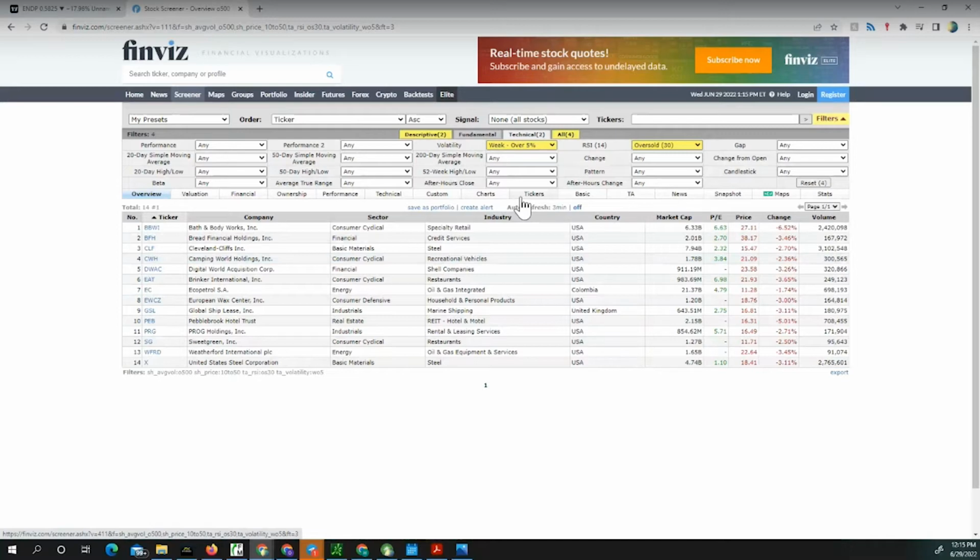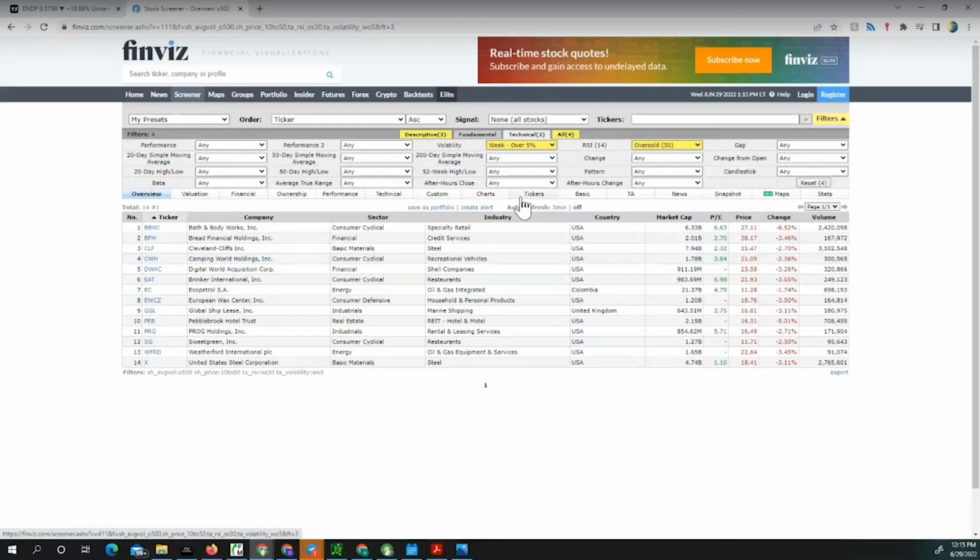The idea of overbought and oversold is: what is the outlook on the market for this stock? Are people more inclined to buy this stock, or are people more inclined to sell this stock? When you use RSI, you'll discover which of those is the case.